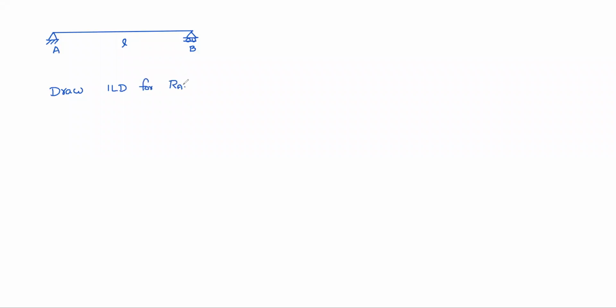Actually, for your understanding, I will draw a 2D diagram. Simply supported beam means I will draw a double line diagram for your better understanding. Let us assume this is the beam and these are the supports. A, B, span is L.